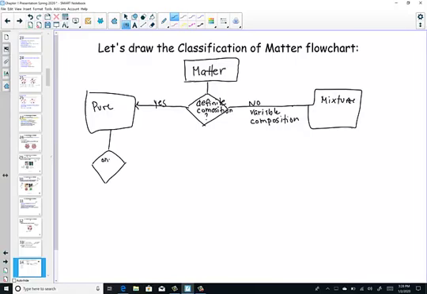Does it have only one kind of atom? If it only has one kind of atom, we label that as an element. And if it has more than one kind of atom, we call it a compound.